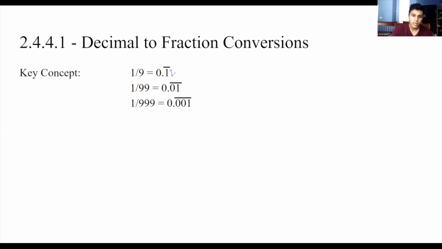So if I had 0.111 and this repeats on forever, remember what I said, you want to put it over a number with as many zeros as you have decimals. But this has an infinite amount of decimals because the 1 repeats on forever. So if you tried to put that over a number with that many zeros, you'd also have an infinite amount of zeros in the denominator, which would make it impossible to simplify, and that's why that concept doesn't work.